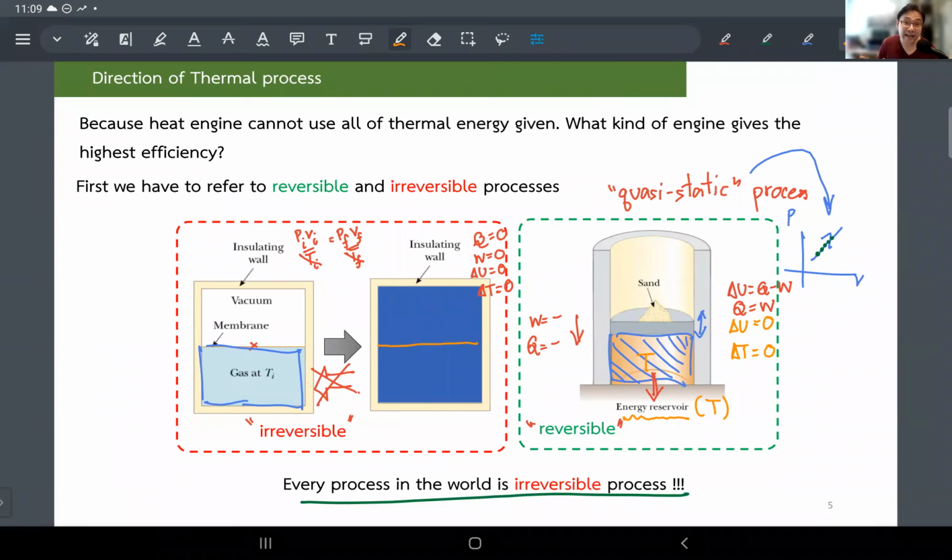That links to the second law of thermodynamics. It's about how the process should go. There seems to be only a single direction that the system will evolve, and that follows the second law of thermodynamics. That's what the rest of the lecture will be.